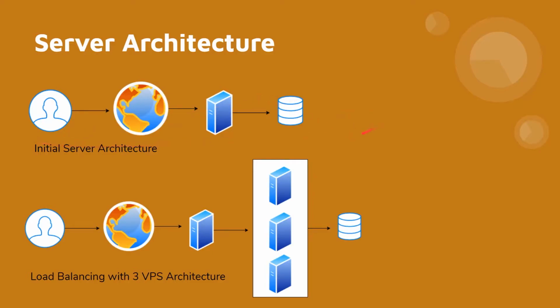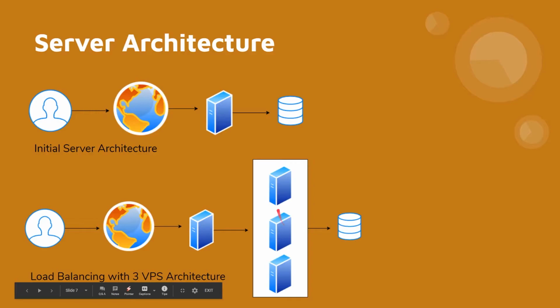So this is the initial server architecture, where the user accesses the VPS which has WordPress on it, which connects to the SQL database. However, now the user accesses this VPS which has a load balancer on it, which will then redirect you to one of these three VPSs, which each have WordPress shared among them, and all changes to WordPress in this server will be reflected among each other using GlusterFS.